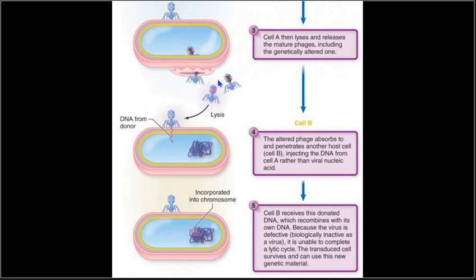And if that strange virus that has the bacterial DNA goes to attack another bacteria, it's not going to create a virus inside, but what happens is the DNA from the other bacteria actually will join the DNA of that bacteria, or possibly become a plasmid.